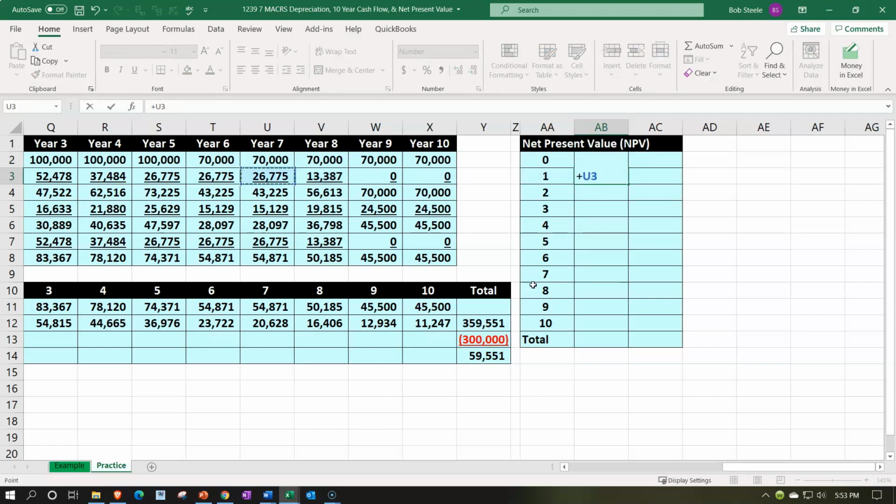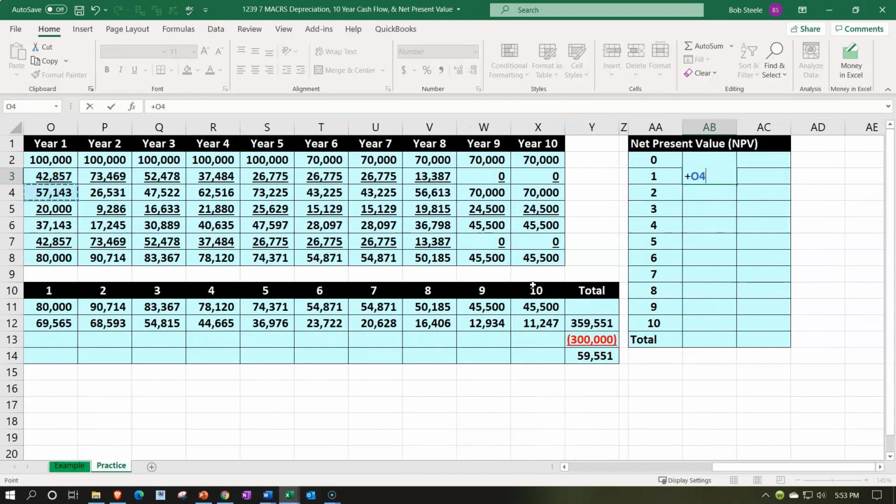Cash flows. It's a little bit tedious to pick up the cash flows, but 80,000, enter. And then the 90,000 here, enter, and then the 83,367, enter, and then your 478,120, and then your 574,371, and then your 654,871, and then your 754,871, and then your 8.5185, and then your 945.5, and then your 1045.5.